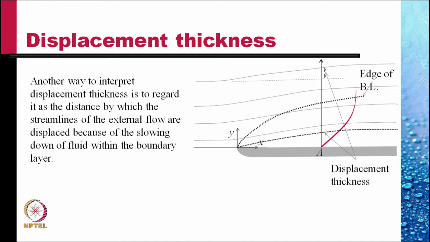Thus, if the flow proceeded straight, it goes like this. But now the streamlines are shifted upwards, and at this location A, this is the distance by which a streamline is shifted. This is the displacement thickness.